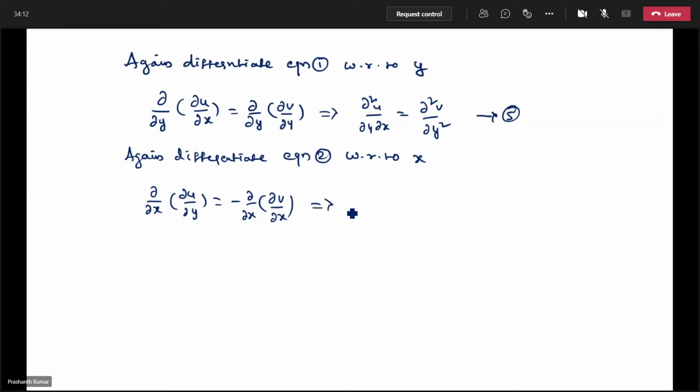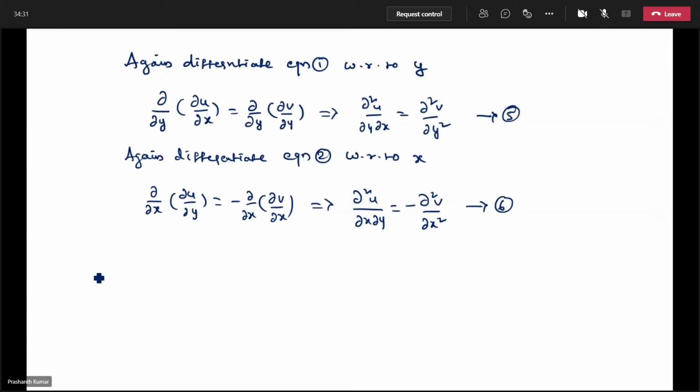So this implies dou square u by dou x dou y is equal to minus dou square v by dou x square. This is equation number 6.